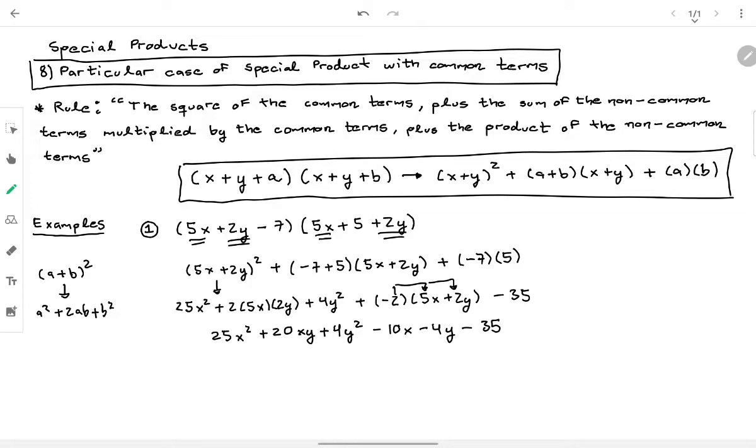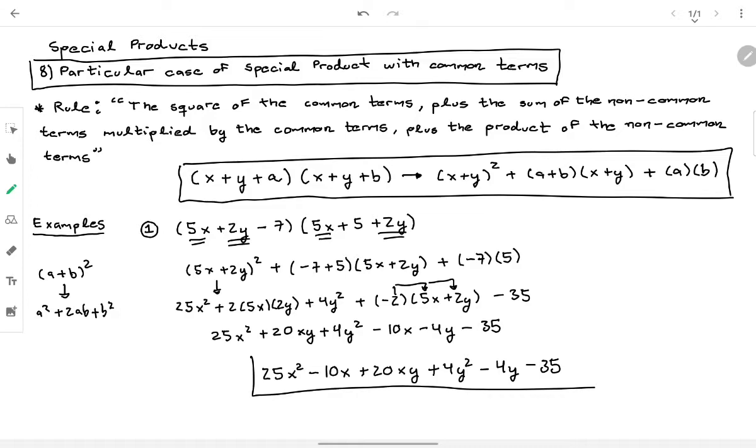So we need to put it in the correct order. The correct order is going to be 25x squared minus 10x plus 20xy plus 4y squared minus 4y minus 35. And this is going to be our final and ordered answer.